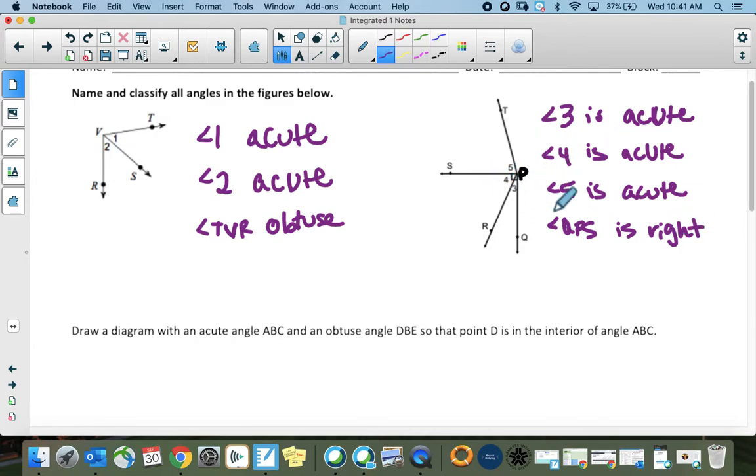Okay, QPS. Then we have RPT. So angle RPT, which is obtuse.